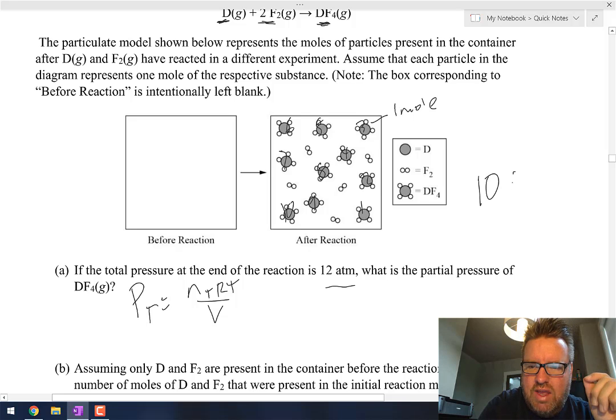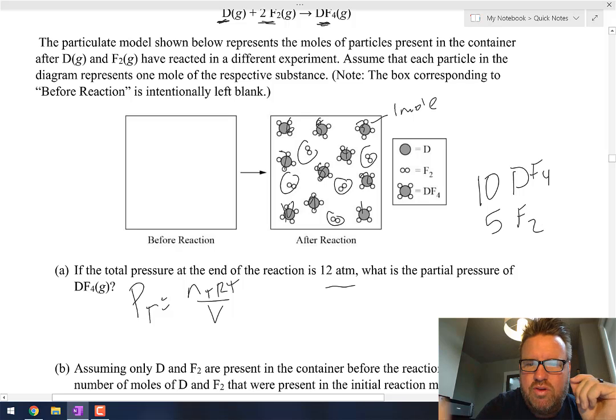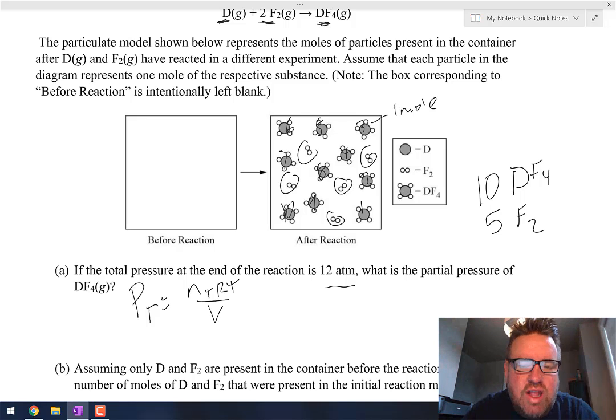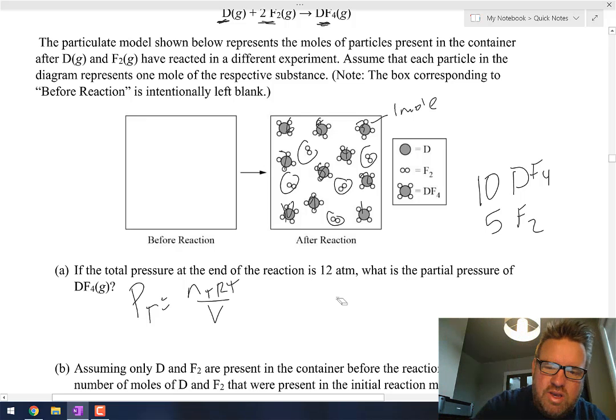So we have 10 DF4 particles, and we have 1, 2, 3, 4, 5 F2 particles. That goes back to the previous problem, where clearly there's some fluorine left over that didn't end up reacting, just like in part D.